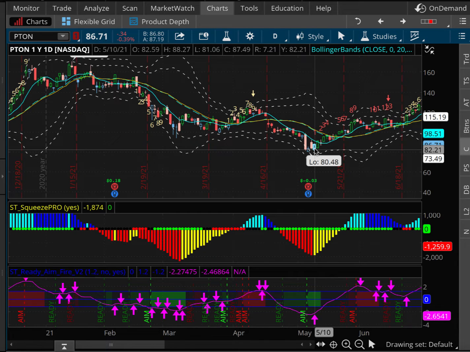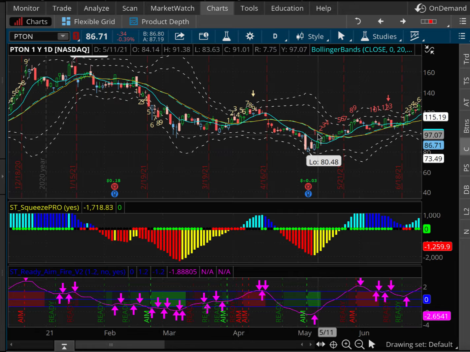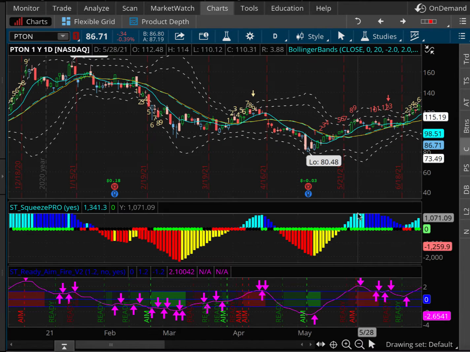And you can see here that I have listed the sequence counter, which I've covered in one of my other videos. And what the sequence counter is doing is kind of the same thing. It's measuring buyer exhaustion here. And so interestingly, it does match up with what the Ready Aim Fire is telling us.